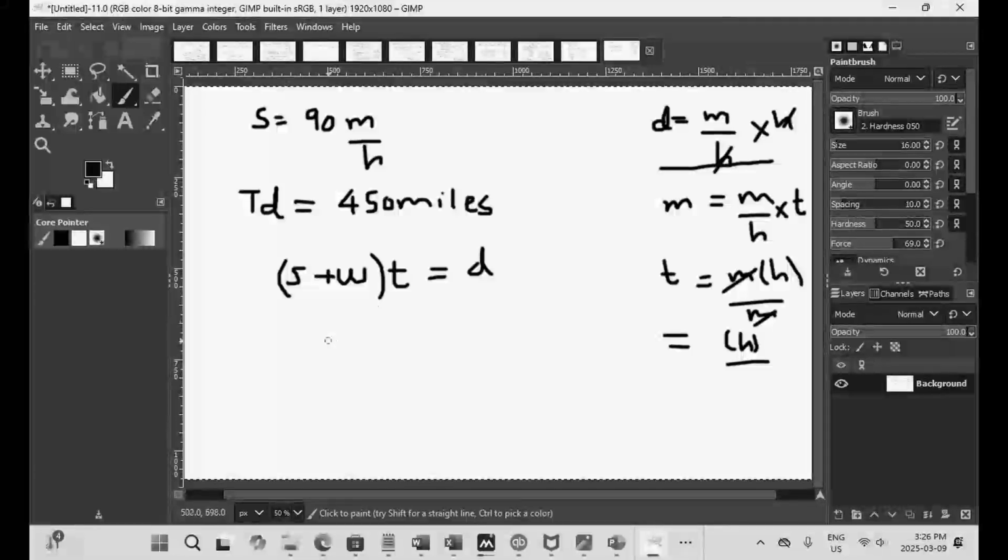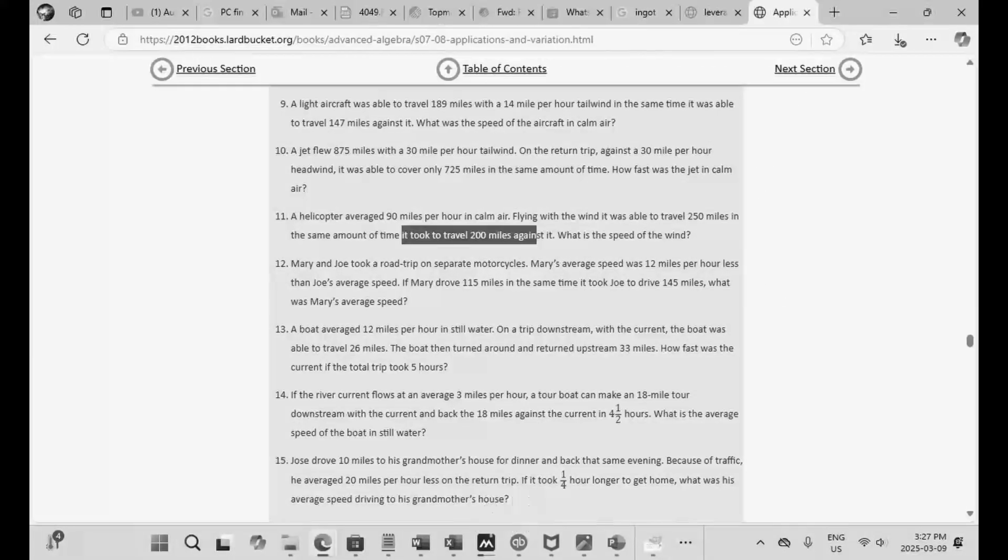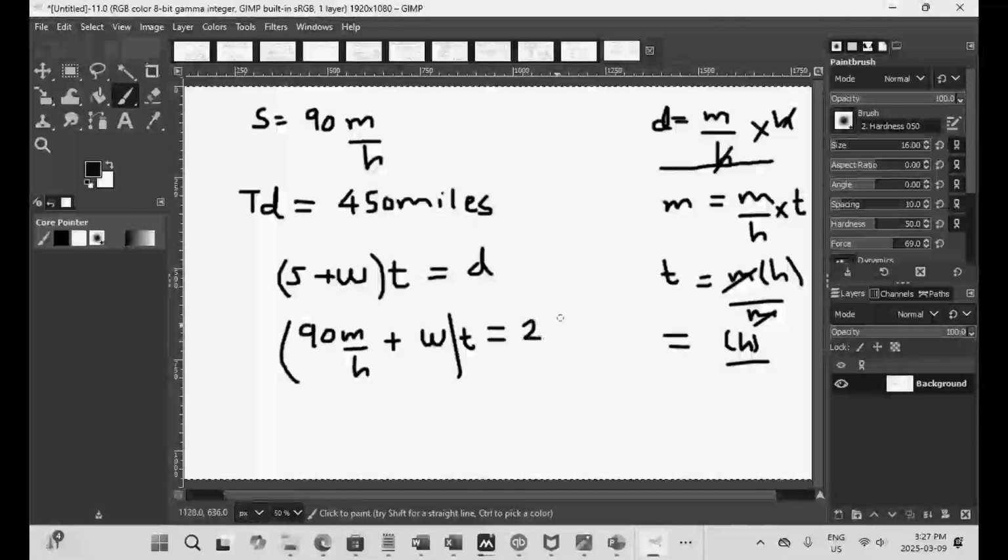So 90 miles per hour plus W, into time, equals your distance, 250 miles with the wind.